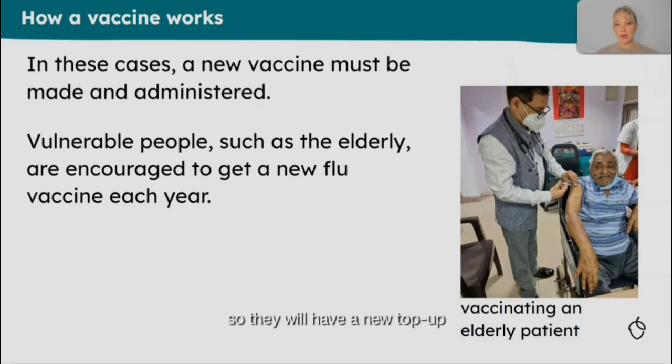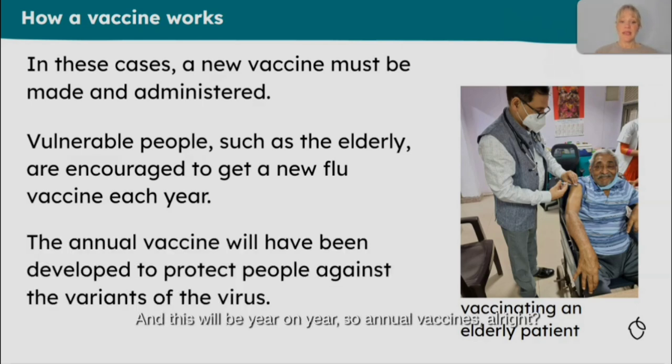So they will have a new top up with the new type of pathogen that has those new antigens, and this will be year on year, so annual vaccines, all right, and they will make sure that you are protected each year as you move into the season where you mostly see that disease. Influenza tends to be during those winter months when people really come down with that type of disease, so you would be expected to get that vaccine kind of in the autumn time to make sure that you're covered.